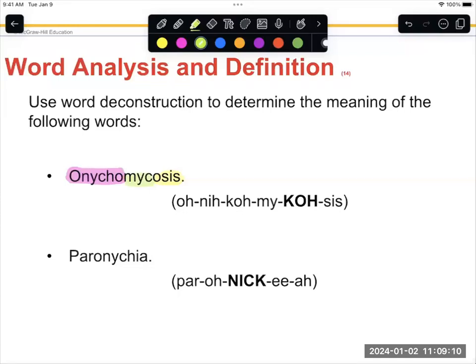Paronychia. We've got that suffix ia, which means condition. That root onych means nail, and then we have a prefix this time, par, which means alongside.